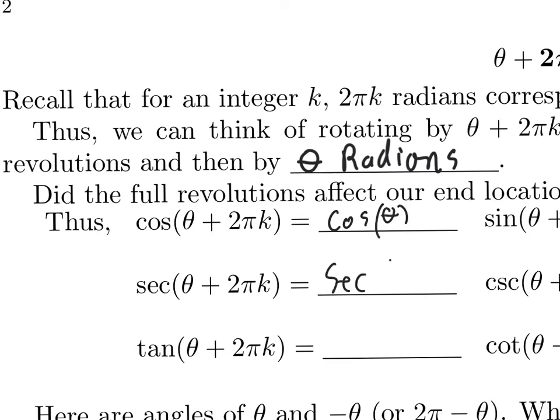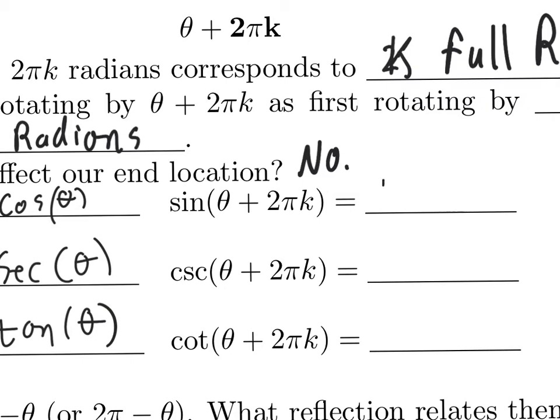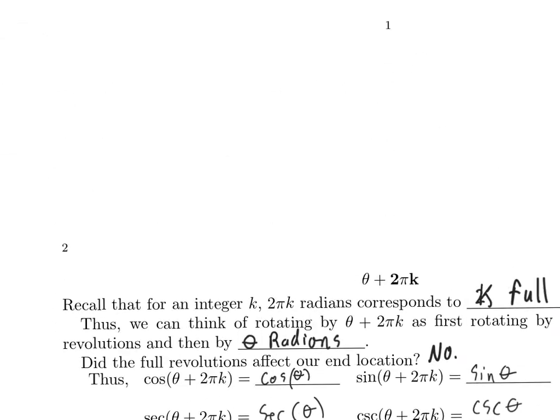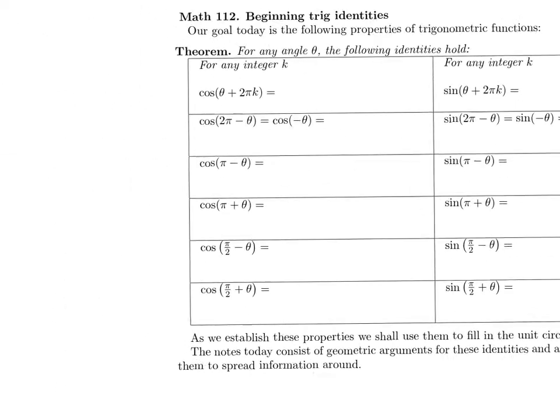Secant is the same as secant theta. Tangent is the same as the tangent of theta, because all of these are determined by the point where you land, and that point didn't change. All right, so there's the first result. It's pretty easy. So let's just put that on that cover page.